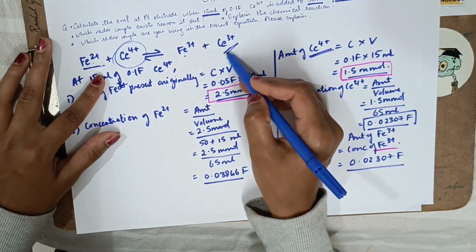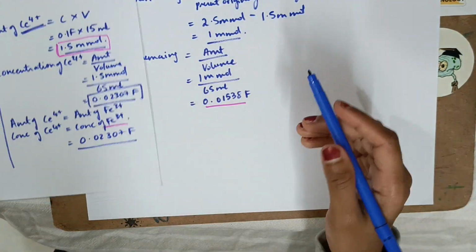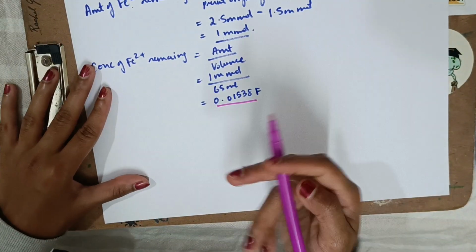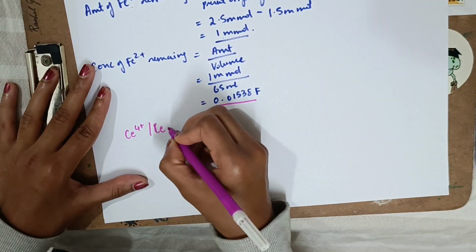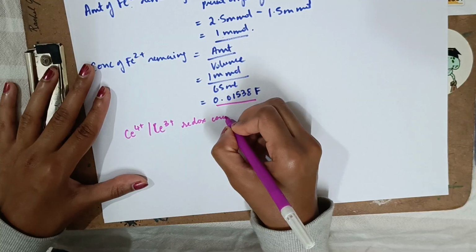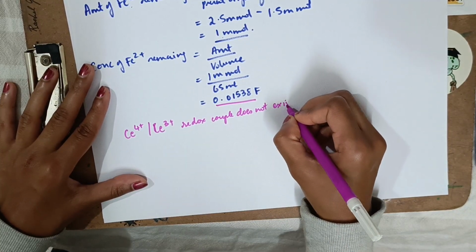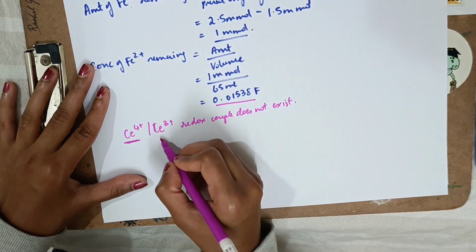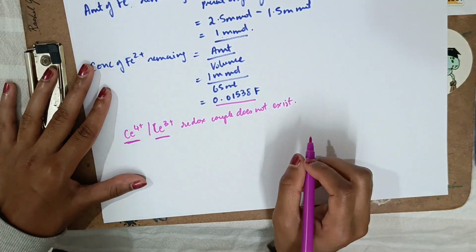It will only be Ce3+, and therefore we need to understand that the Ce4+/Ce3+ redox couple does not exist, as Ce4+ gets completely consumed and there is only Ce3+. So the Ce4+/Ce3+ redox couple does not exist.